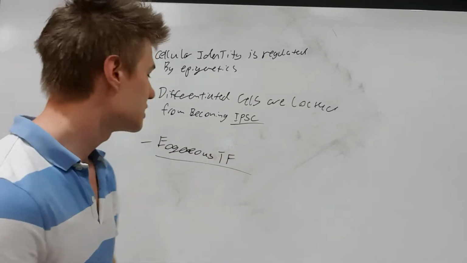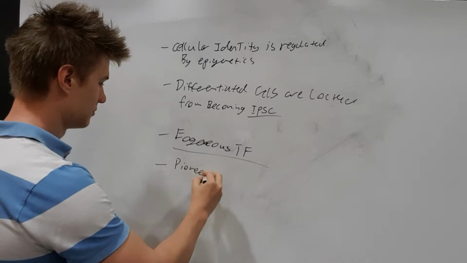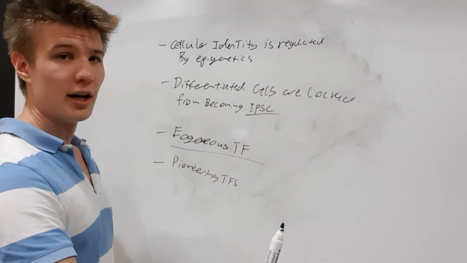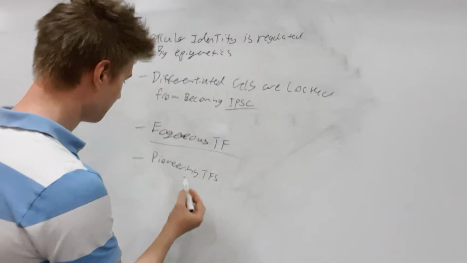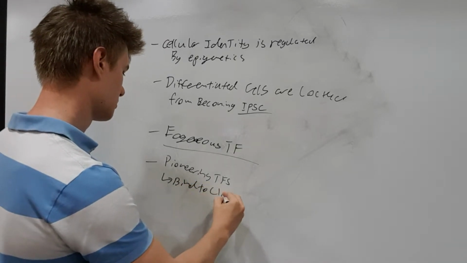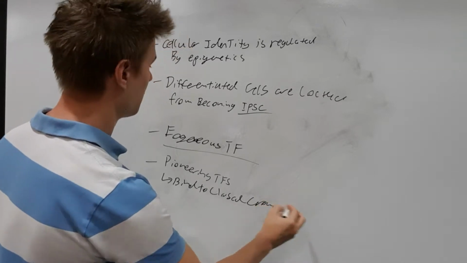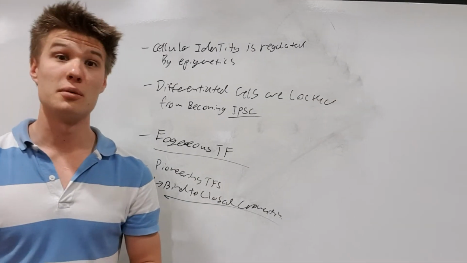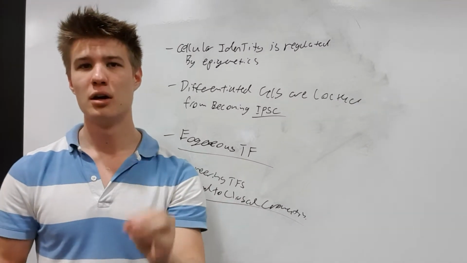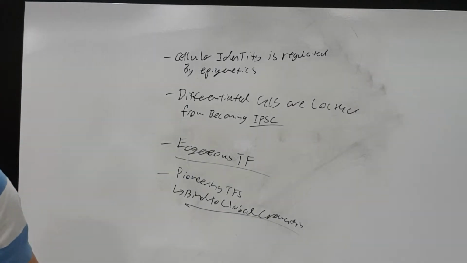Now, there are particular kinds of exogenous transcription factors called pioneering, which have the ability to bind to closed areas of chromatin. And we mentioned this a couple of videos ago. And that's very important because unless you're able to open up that closed chromatin, you can never reprogram that area of the genome. And you need to be able to reopen that area of the genome.